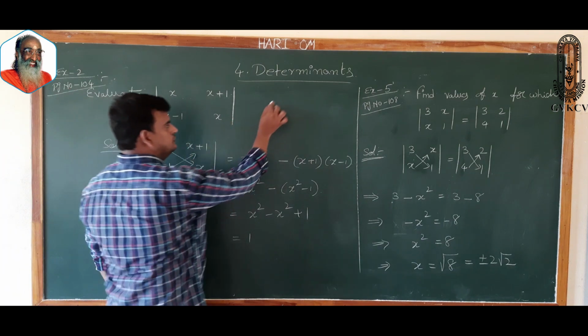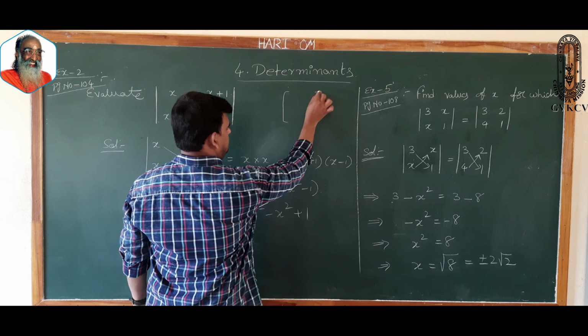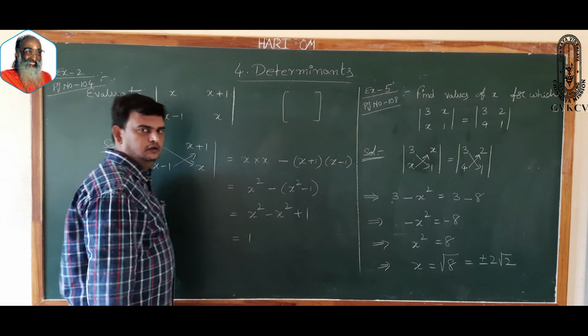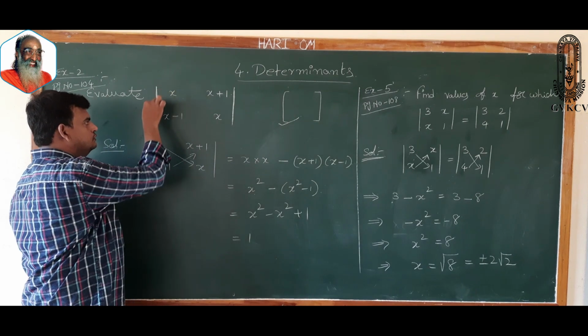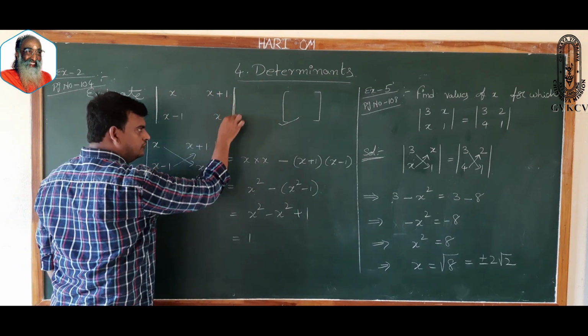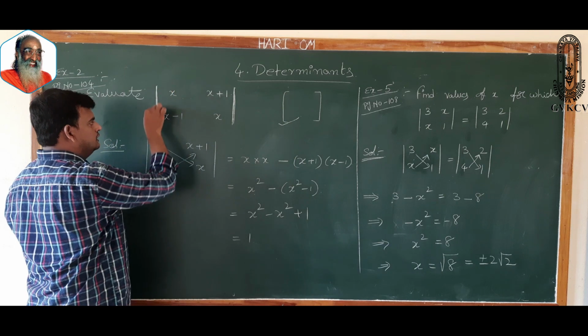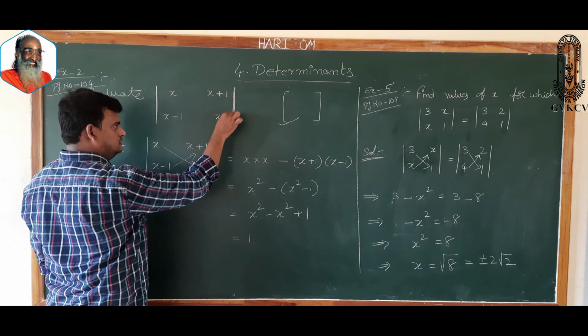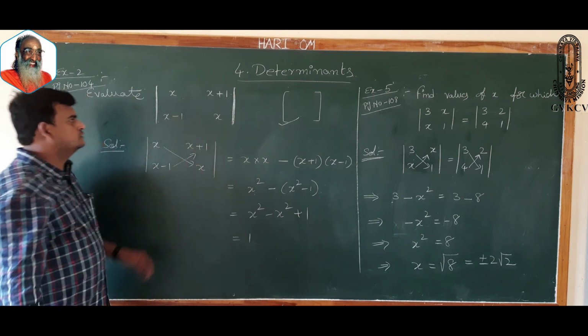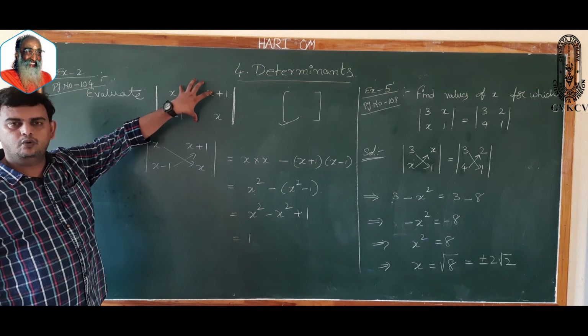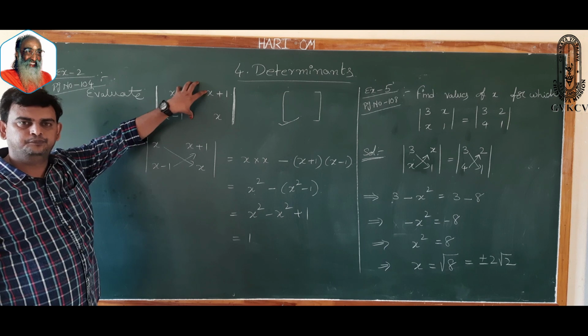Matrices usually we write using square brackets. Here we are using two vertical lines. These two vertical lines are called modulus, and they represent the determinant of the matrix. So evaluate means they are asking what this determinant value is.